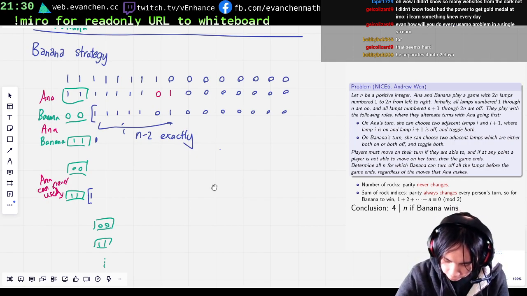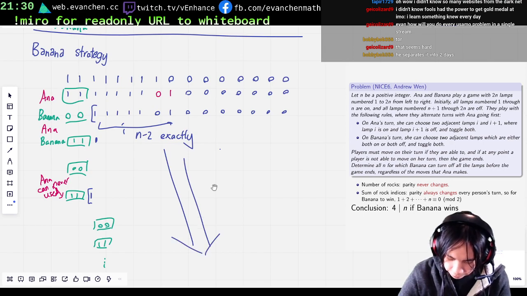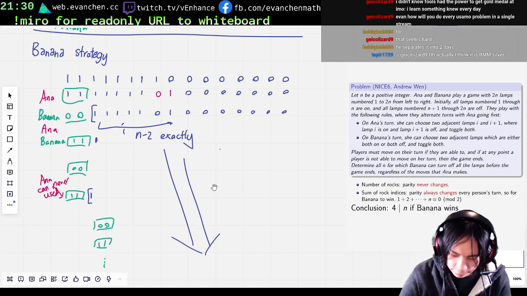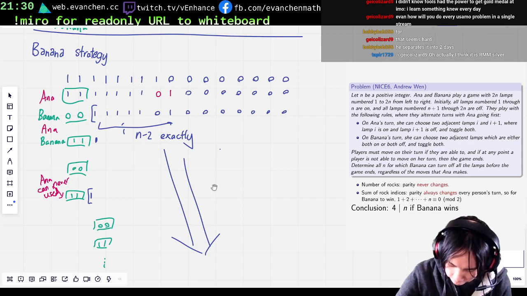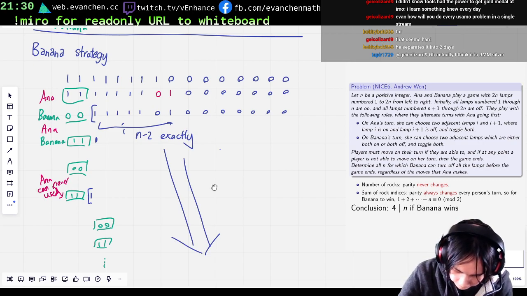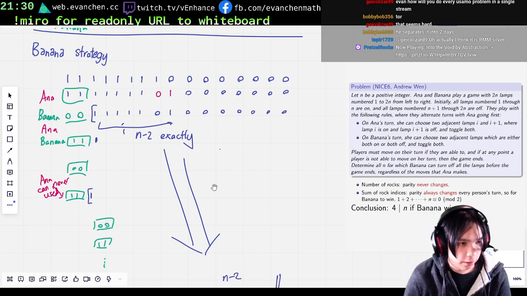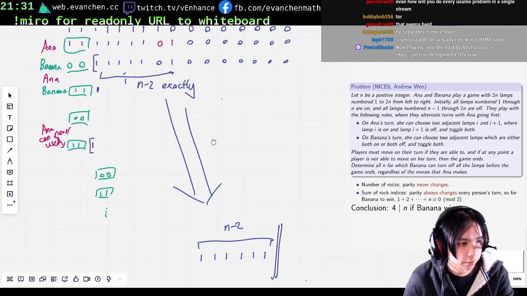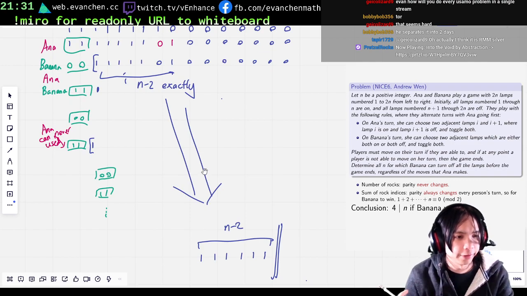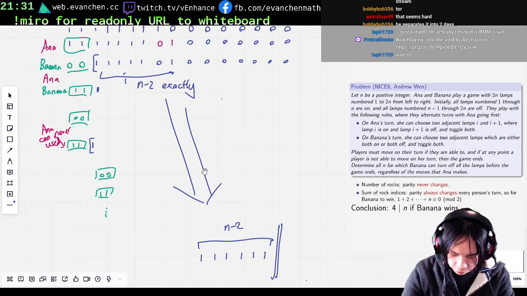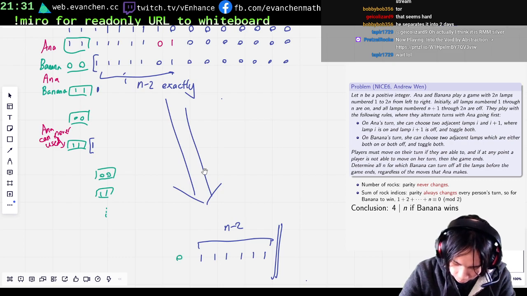So fast forward several turns. Eventually, for parity reasons, we will reach a situation in which there are exactly n-2 rocks at the very end, and it's Banana's turn to go. And if you check, the invariant will promise that on this turn, it is currently 0, 0.